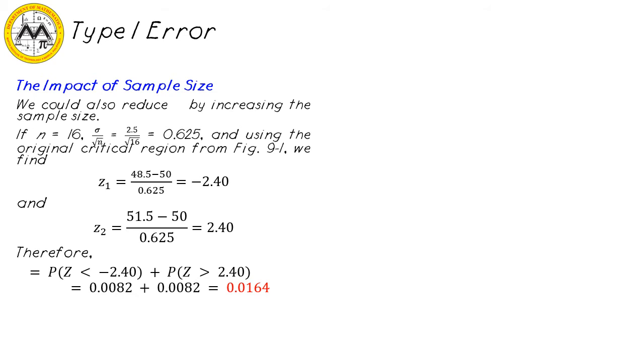So the original value of 0.0574 becomes 0.0164. So the probability of committing type 1 error decreases when we have a bigger sample. So when asked for the sample size, always increase the sample size so that we can decrease error.